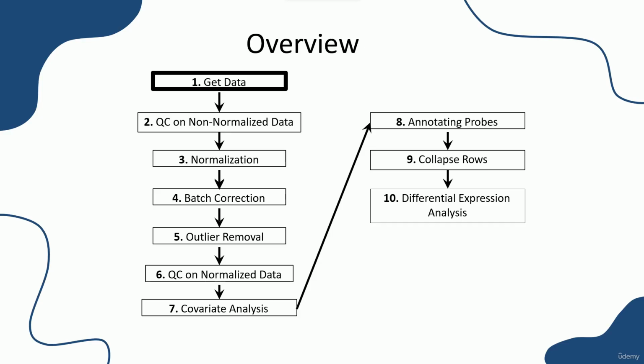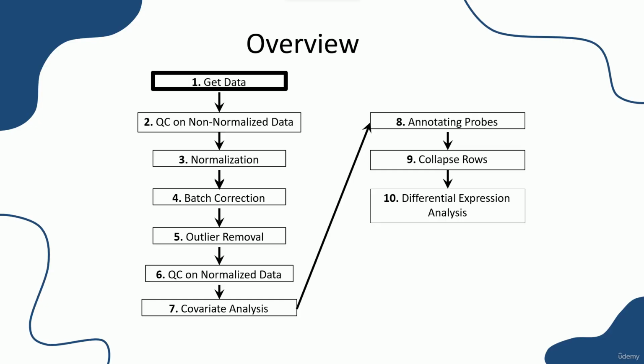After normalizing the data, we are going to correct its batch. For example, we have 50 samples of normal data and 50 samples of thyroid data. We can use it to batch correct the samples.